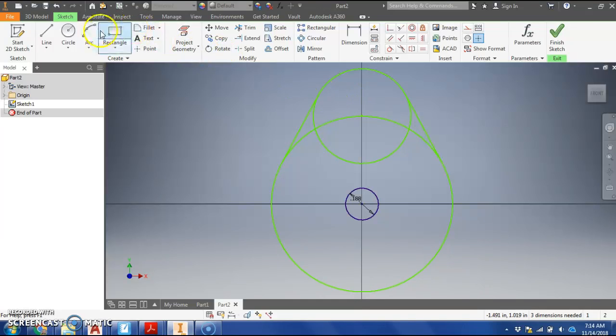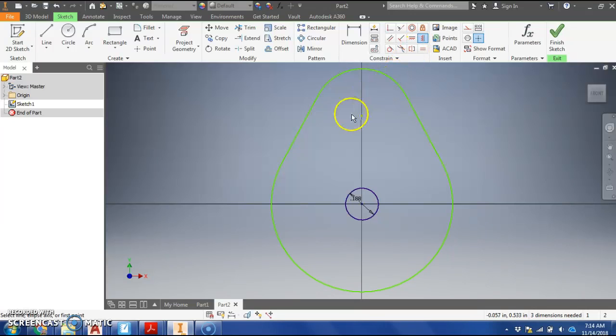Now I just need to clean this up. So I'm going to trim, and I'm going to get rid of all these interior lines. So all that I'm left with is my profile, my outline, which looks like a pear or avocado.